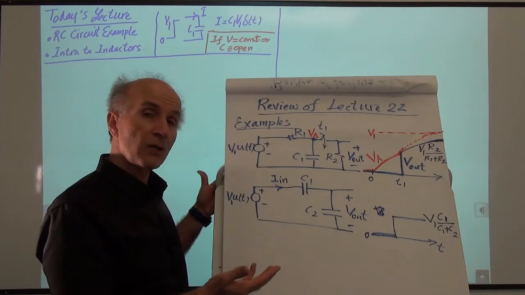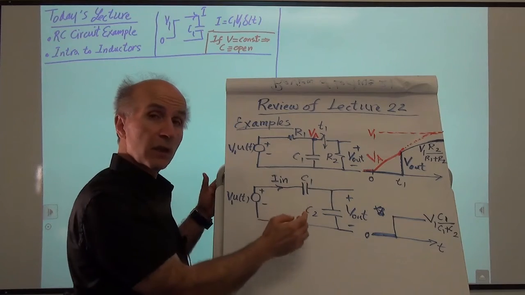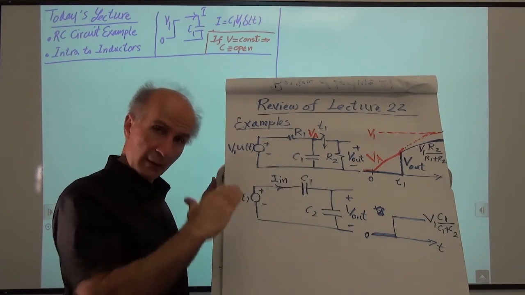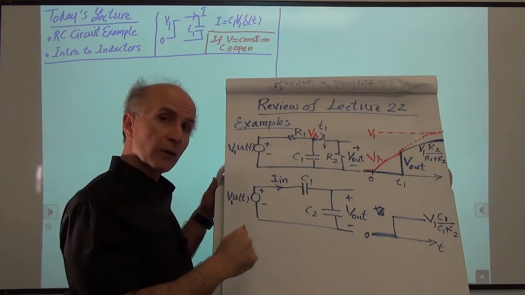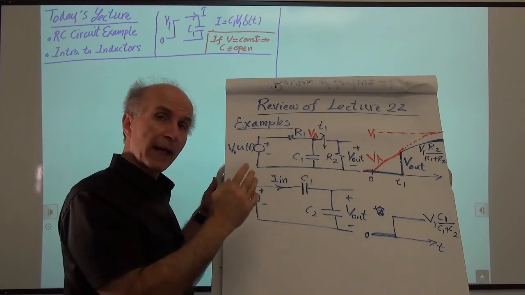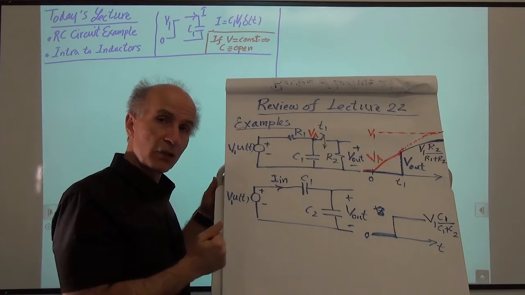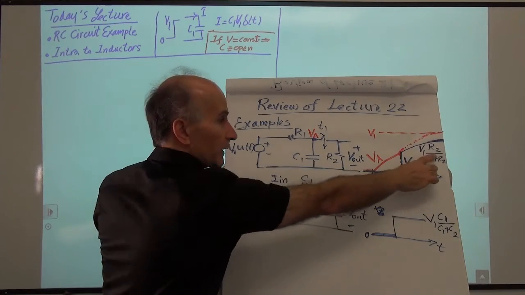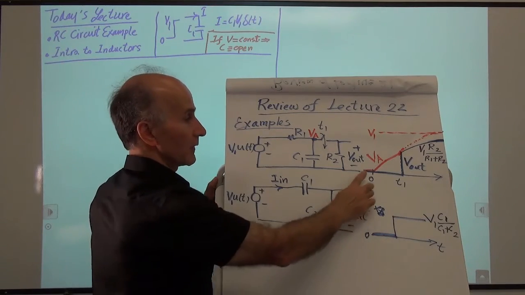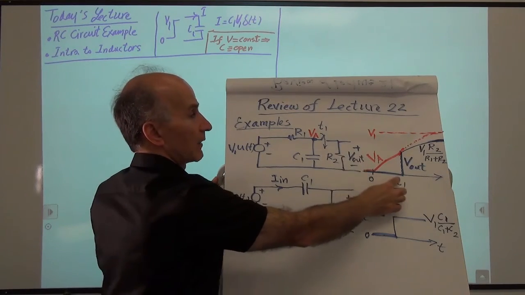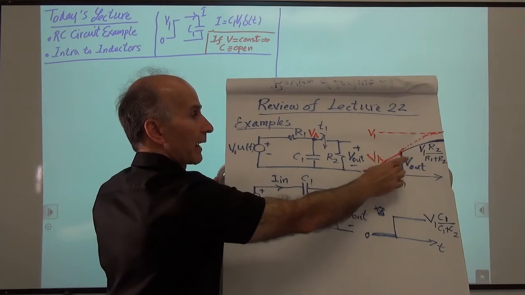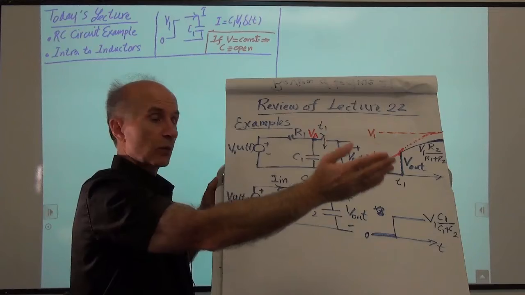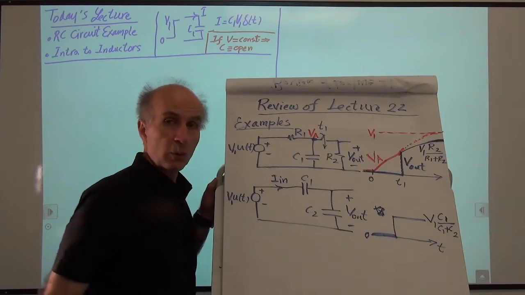The time constant changes from R1C1 to R1 in parallel with R2 times C1, so time constant goes down, and also the final value that V out and VA can reach goes down, because now we have a voltage divider at time infinity. So the output voltage is 0 up to T1, and then it jumps to this value, and now V out and VA have the same value, and they go together towards this final value, whatever that might be.